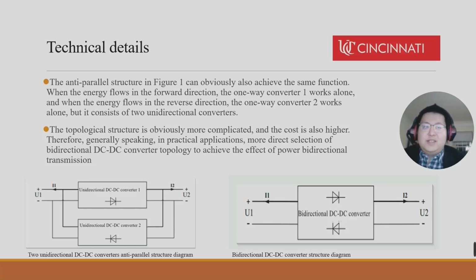But it consists of two unidirectional converters, so the topological structure is obviously more complicated, and the cost is also higher. Therefore, in practical applications, the bidirectional DC-DC converter topology is more directly selected to achieve bidirectional power transmission.